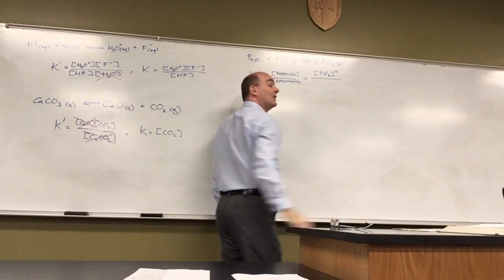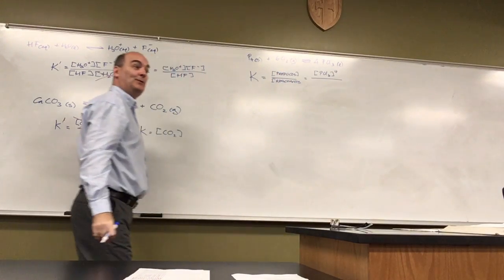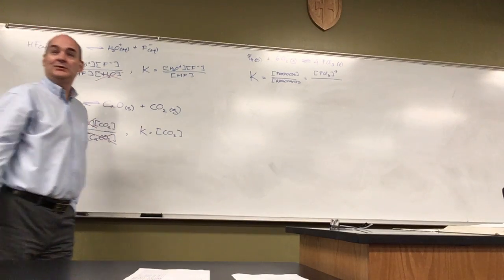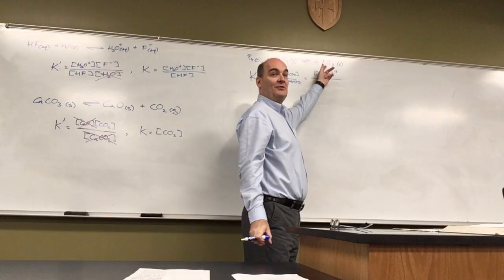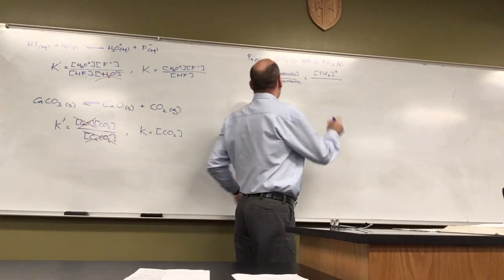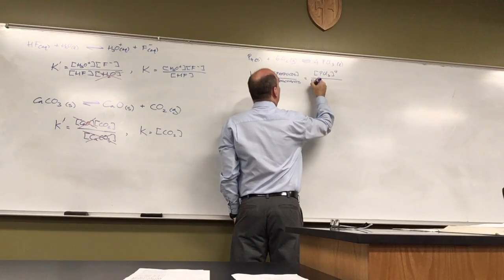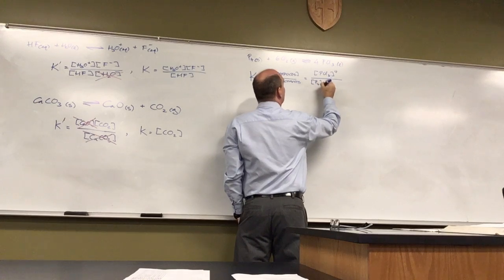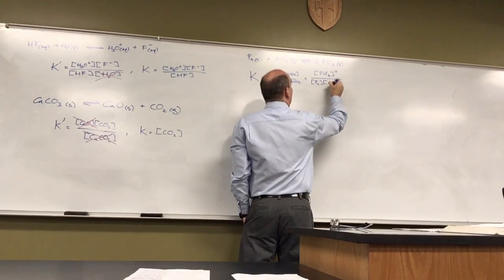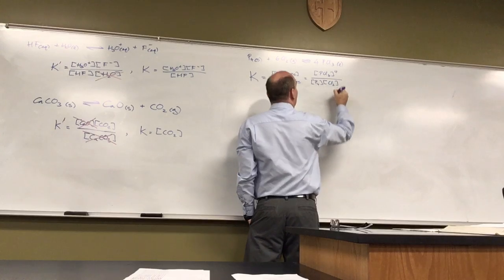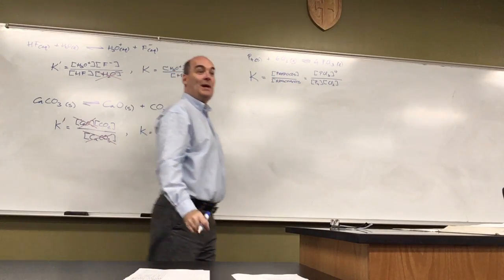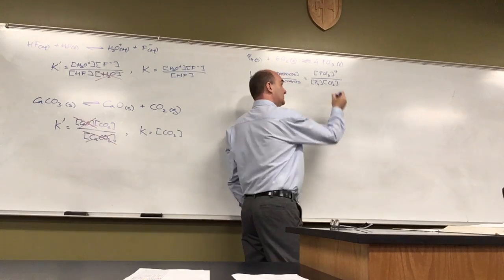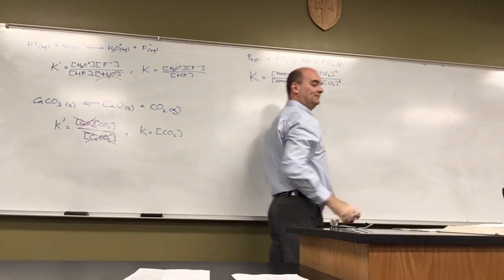And I'm going to raise that to the power 4, because there are 4 molecules of product. And then I'm going to divide that by the concentration of the P4, and then I'm going to divide it by the concentration of chlorine gas, raised to the power 6.